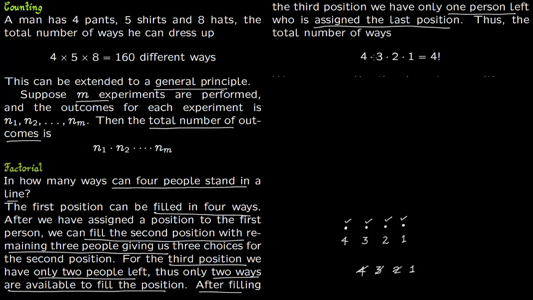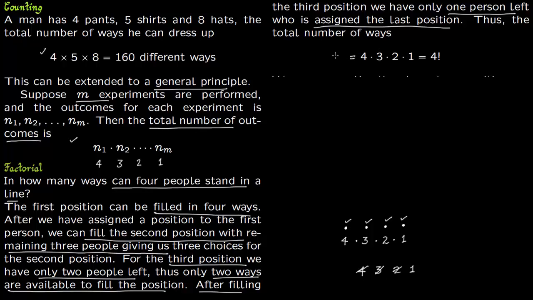So the total number of ways is, you multiply them: 4 times 3 times 2 times 1. You multiply the options, or the number of experiments here. First place is 4 ways, second place is 3 ways, then 2 ways, 1 way. You multiply them, and that is what is called 4 factorial, that is 4 times 3 times 2 times 1.